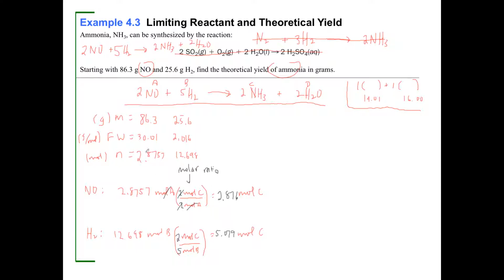So which of these is less? This one's less, right? It looks like this is going to be my limiting reagent. All right, so if that's my limiting reagent, then that must be how much I make. I must run out of nitric oxide before I run out of hydrogen. I must have extra hydrogen.